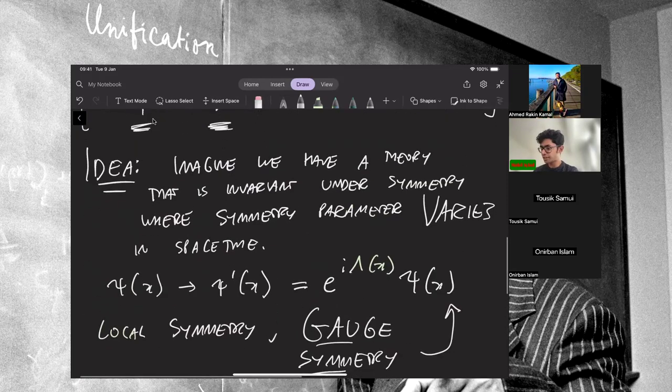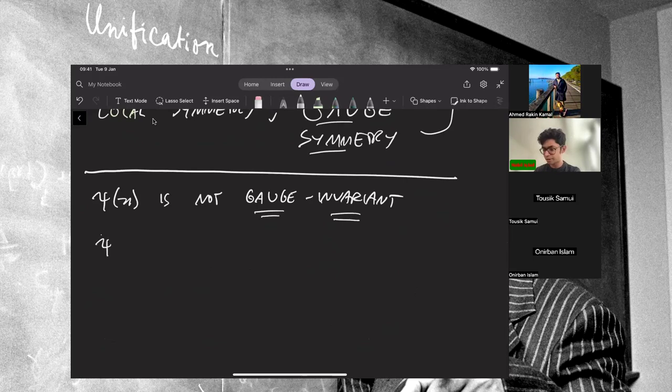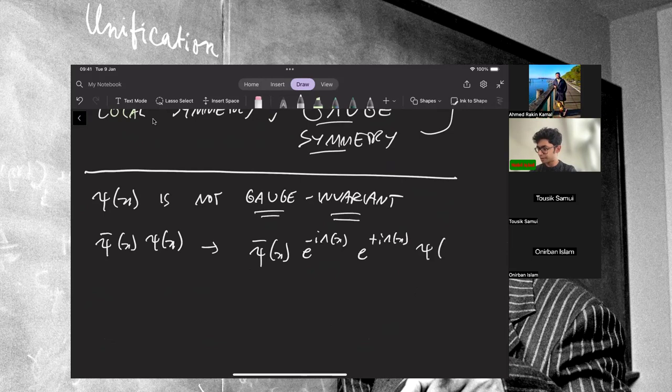Let's try, for example, psi bar of x psi of x. So this is invariant actually, right? Because how does this thing transform? This goes like psi bar of x e to the minus i lambda of x, e to the plus i lambda of x, psi of x. And then these guys cancel. And so psi bar of x psi of x is invariant.